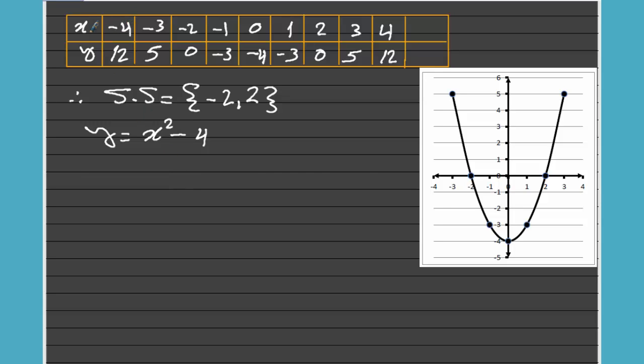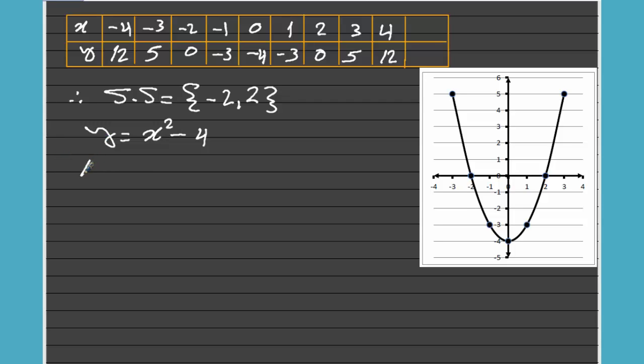When we substitute x equals negative 4, we get only 12. When you substitute x equals negative 3, y equals 5. So f is a function. For every value of x, we have only one value of y. So the relation is a function.